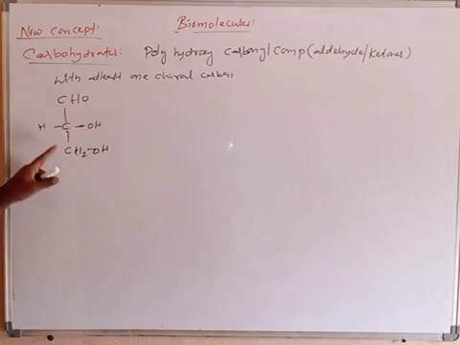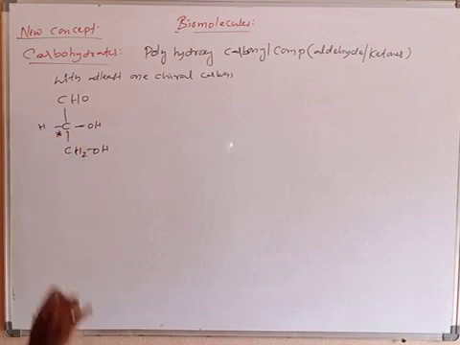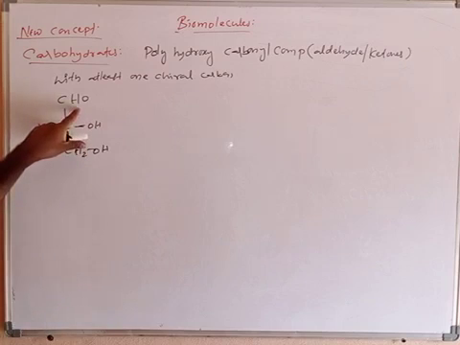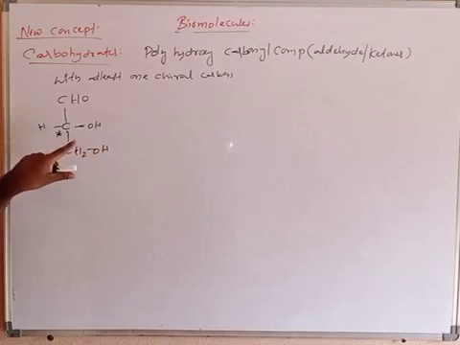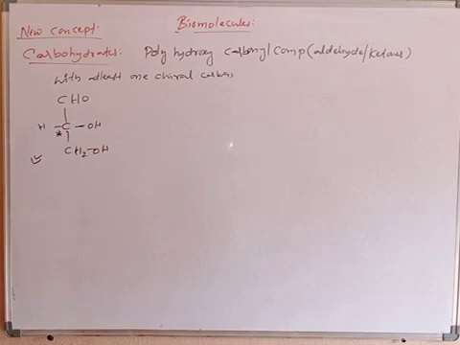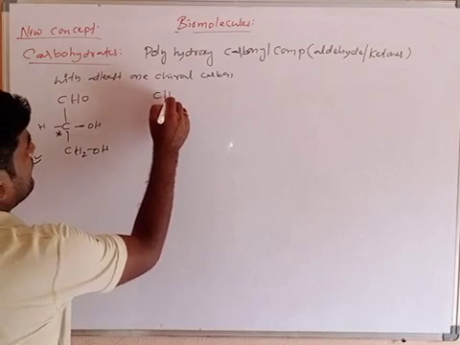Four different groups are there, so it is a chiral carbon. Carbonyl group is there, polyhydroxy is there, and one chiral center is there. So it is a carbohydrate. Clear? Understand?